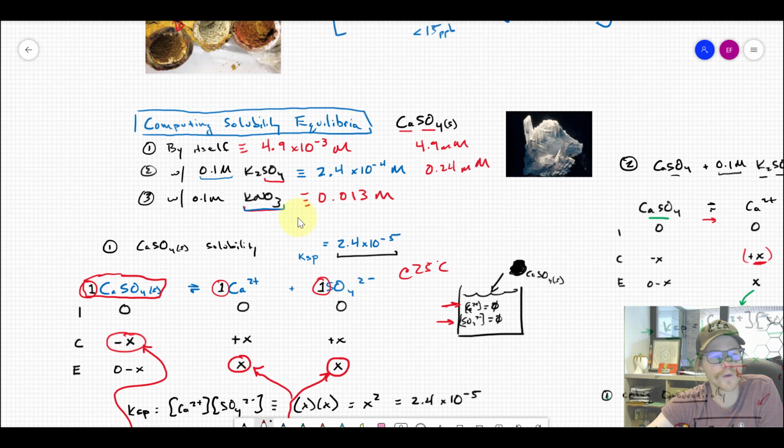And then we have with this other salt that is not a common ion, in which case we have essentially 13 millimolar. So we've got almost a factor of 3 increase in the solubility when we've got another salt present in solution that's not a common ion. So we get the exact opposite effect of the common ion, and this comes from this notion of ionic strength and shielding, and actually lowering the effective or apparent concentration of those ions simply by surrounding the calcium and sulfate ions with the potassium and nitrate ions.